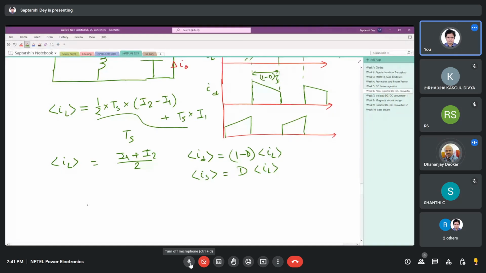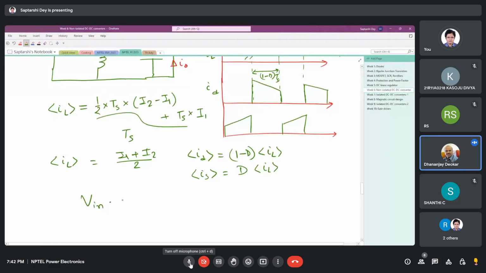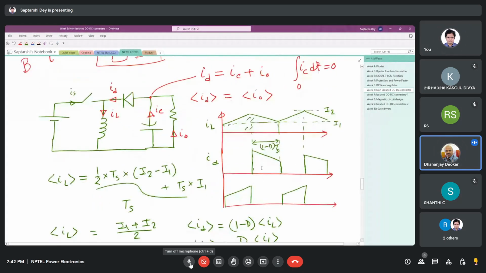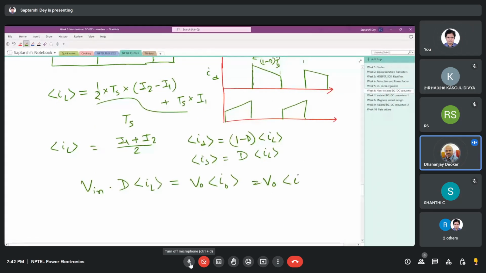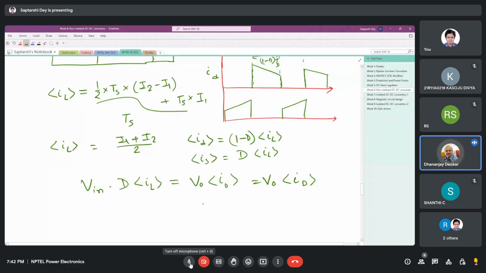So what I can say is V_in times input current, that is I average, which is nothing but d times I_L, is V_o times I_O. Now I_O is nothing but I_D, and I_D is nothing but (1 minus d) I_L.